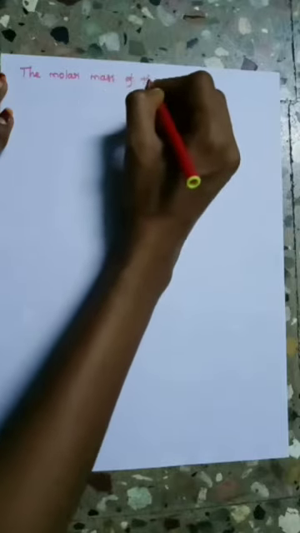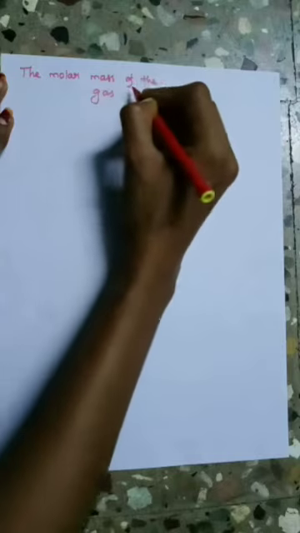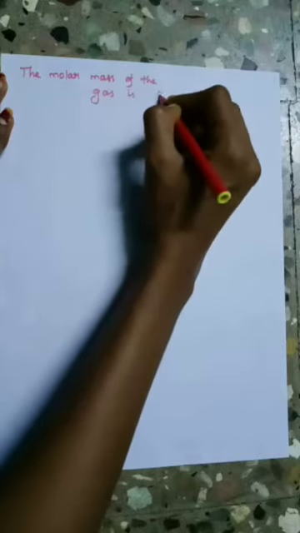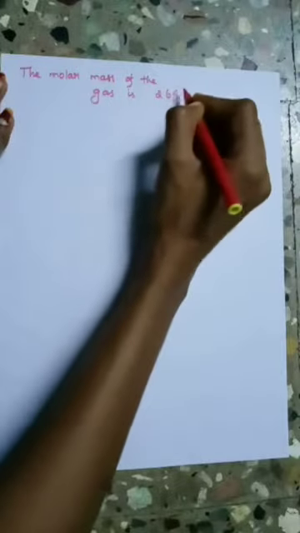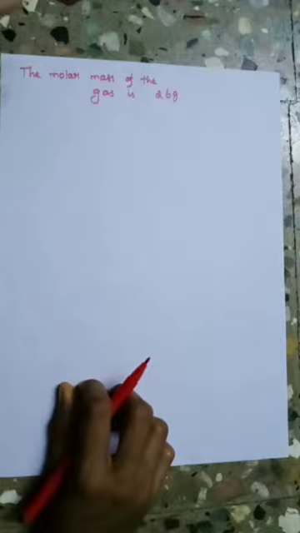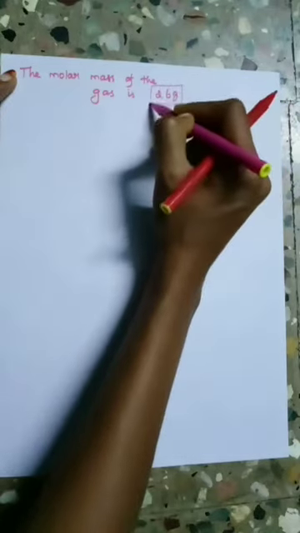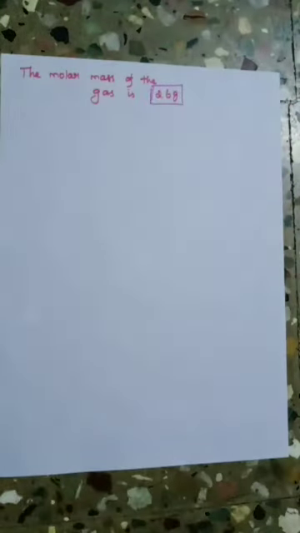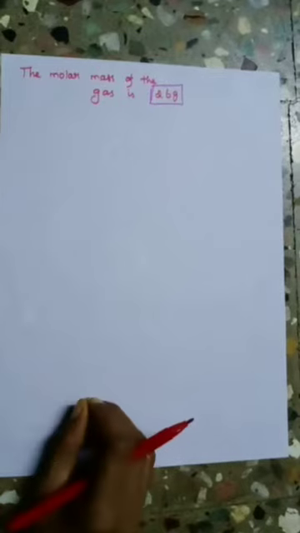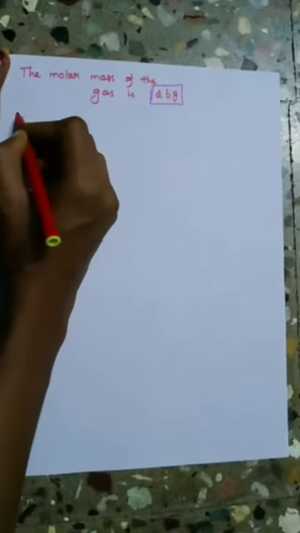So the molar mass of the gas is 26 gram. So the second answer is done. The empirical formula we have already found is CH, and the molar mass of the gas is 26 gram. So the last question is the molecular formula.